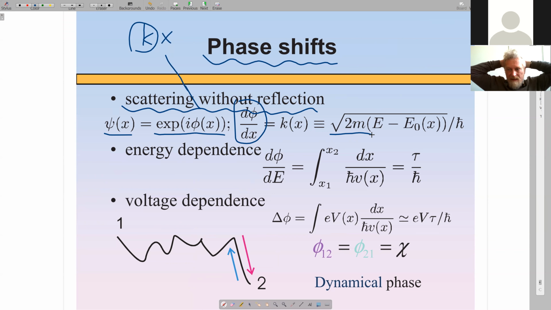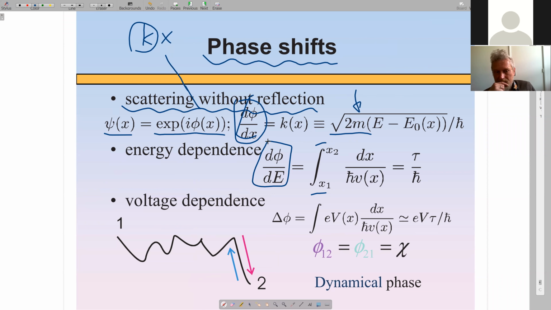It's interesting to discuss the energy dependence of this phase. So how do we do this? Well, we just take this and we differentiate it with respect to energy. And if we differentiate this with respect to energy, what we get is the inverse velocity of a particle. Good. It's K. We need to integrate K to get the change of phase.